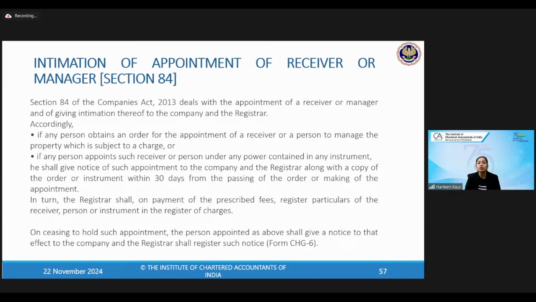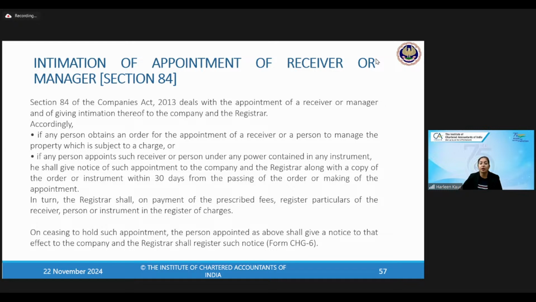give a notice to the registrar within 30 days that this person has been appointed. Within 30 days from passing the order, the appointment shall be made and the ROC shall be informed that this person has been appointed. The registrar will, on payment of the fees, register all the particulars of this person.